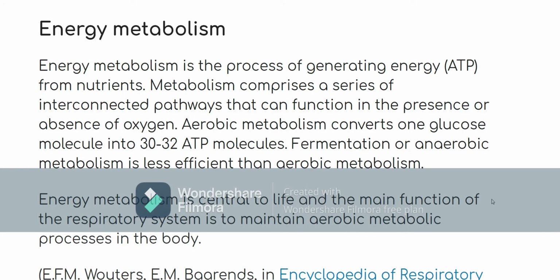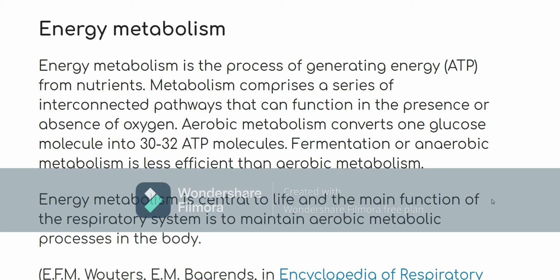Energy metabolism is the process of generating energy from nutrients, and the energy is expressed in the ATP. Metabolism comprises a series of interconnected pathways that can function in the presence or absence of oxygen.